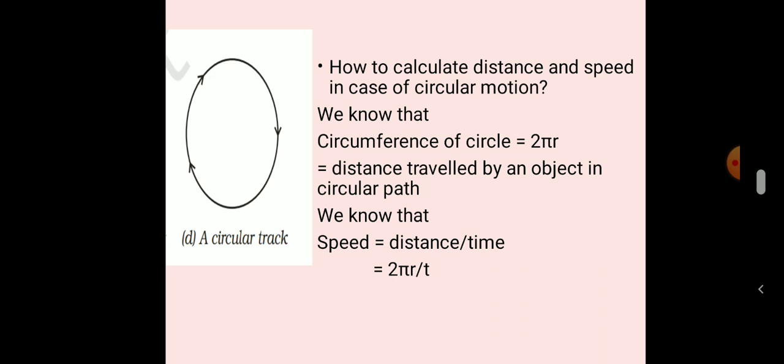And here the distance traveled by the object is equal to the circumference of the circle, so v equals 2 pi r upon t. Clear? So this way we can find out the distance and the speed of an object in case of circular motion.